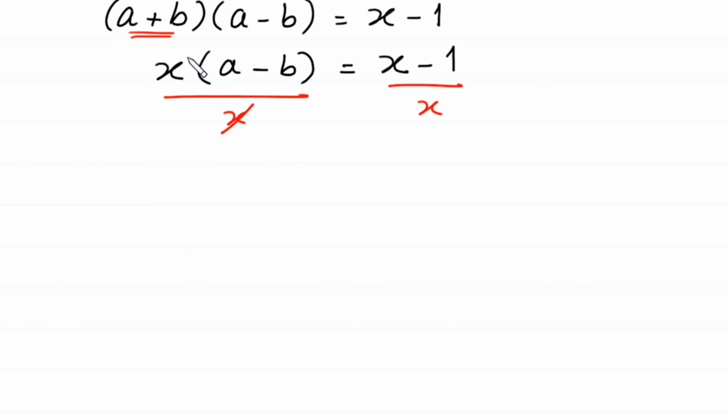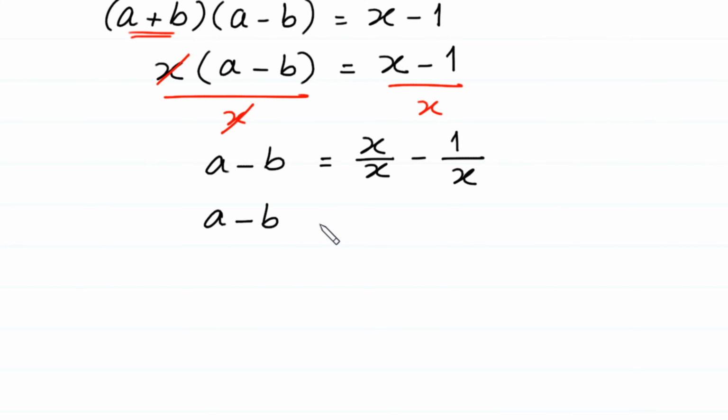This x will be cancelled with this x and here left a minus b is equal to x minus 1 over x, which can be written as x over x minus 1 over x. Next, a minus b is equal to, this x will be cancelled with this x and here left 1 minus 1 over x. We name this equation 4.